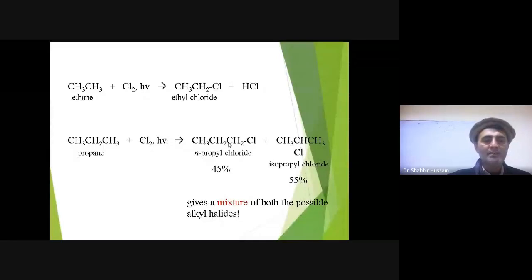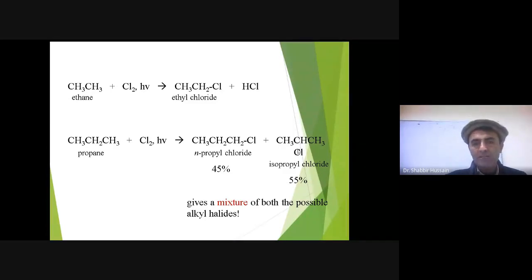So we get two types of product. One is by substituting hydrogen with this primary hydrogen, and another is substituting hydrogen with this secondary hydrogen. Which one is more reactive, that substitutes first?